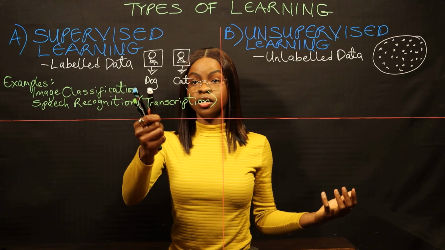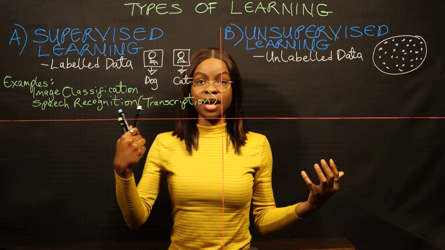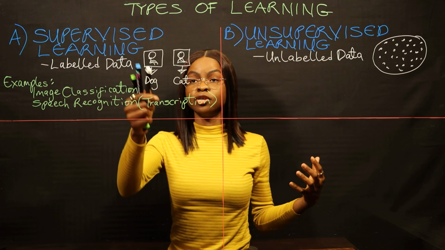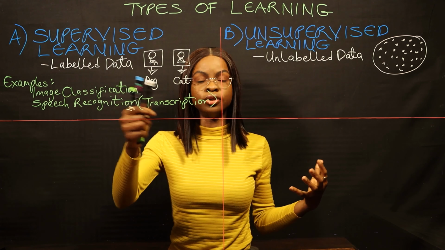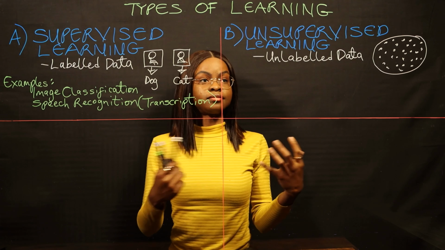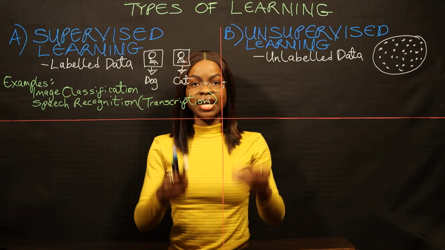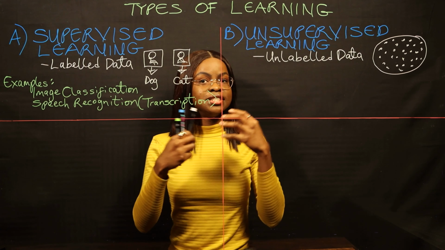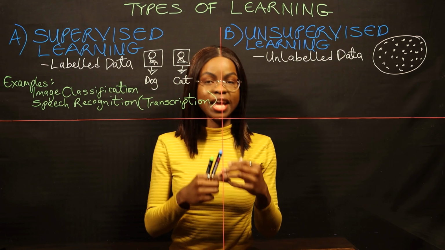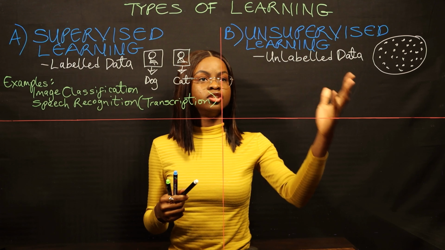It doesn't have the input and output, doesn't have the question and answer, so it has to learn the data on its own, try to understand it, and extract any statistical inferences it can. So that's unsupervised learning.